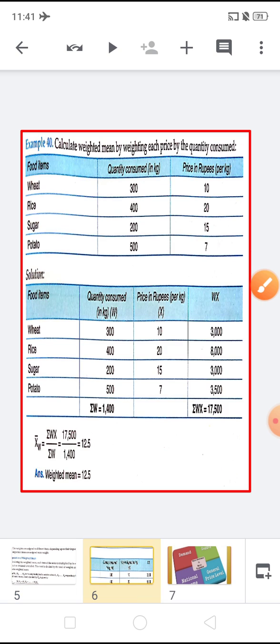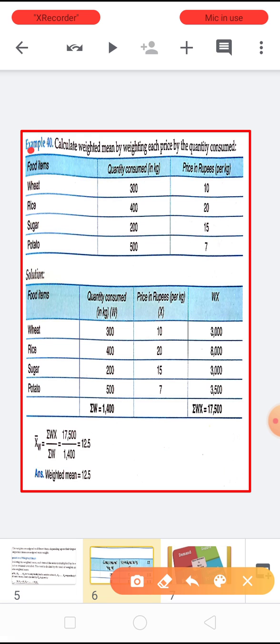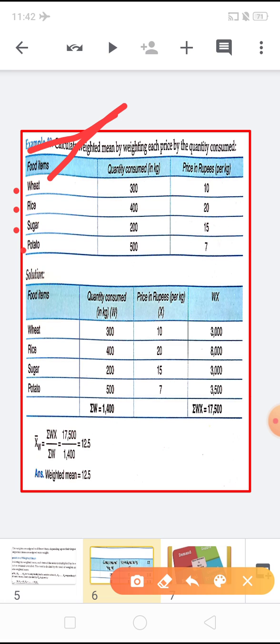So children, here we have a question: we need to calculate the weighted mean by weighting each price by the quantity consumed. The food items given are wheat, rice, sugar, and potato, and the quantities consumed are 300, 400, 200, and 500, and the prices in rupees are 10, 20, 15, 7.